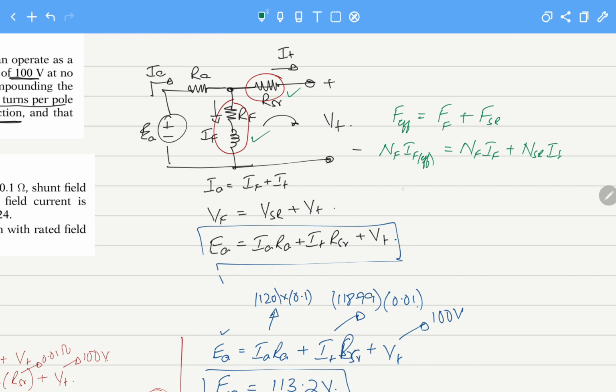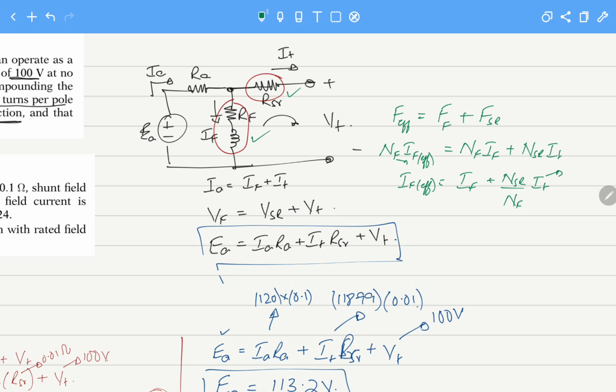So it can also be written as I field effective equals IF, taking this to the other side, plus N series over NF times I terminal.